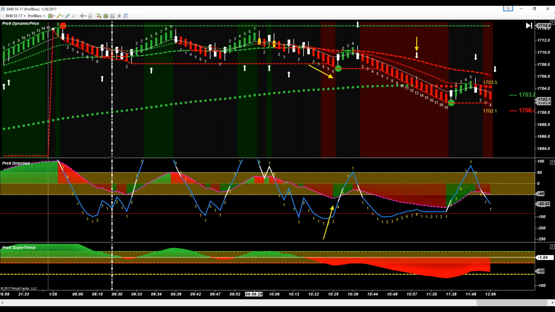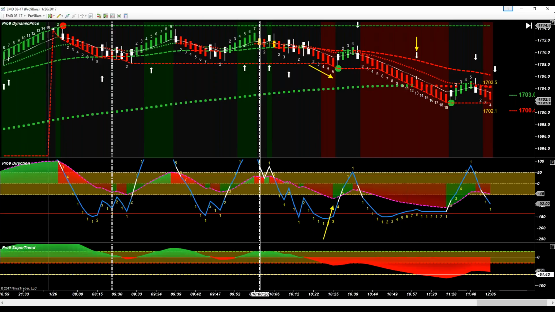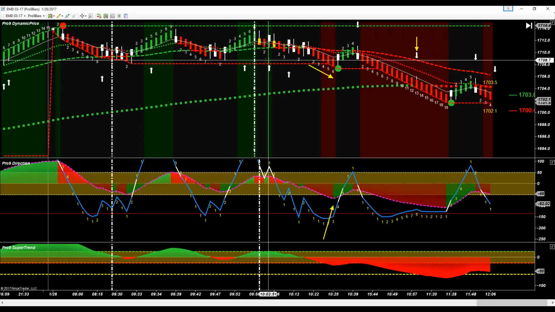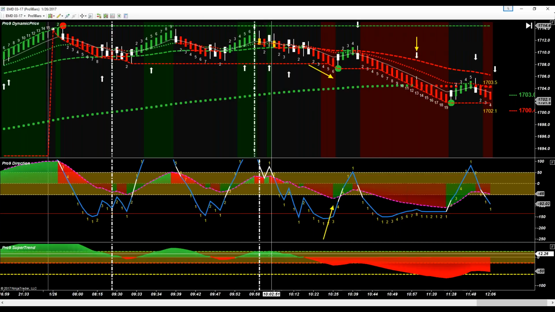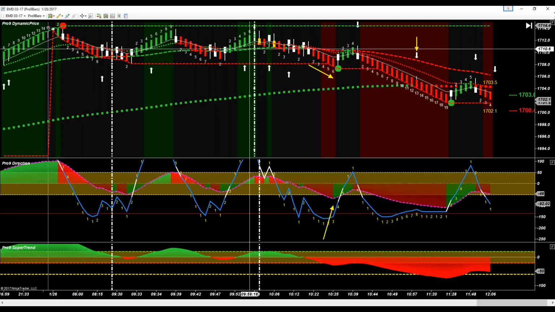So if the super trend is not outside of its neutral zone in the correct direction, meaning in the same direction as whatever the turn bar is, because this is a downward turn bar, we're looking for the trend to go down from here, but our super trend is green. So it's not outside of its neutral zone on the correct side. So our yellow turn bar warns us that this is not safe to enter.